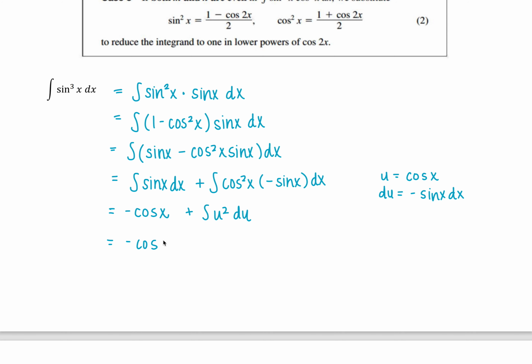So we have negative cosine x plus 1/3 u cubed, and our constant c added to the end. Now I just need to go back and substitute. Since u is cosine x, we have negative cosine x plus 1/3 cosine cubed x plus c.